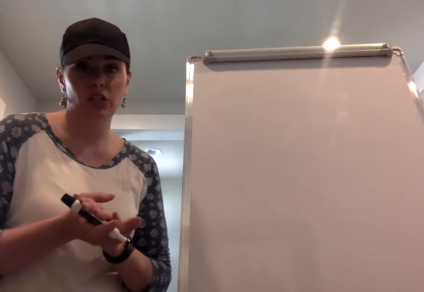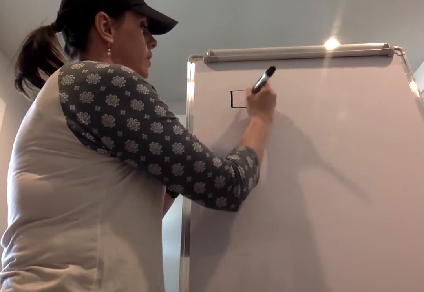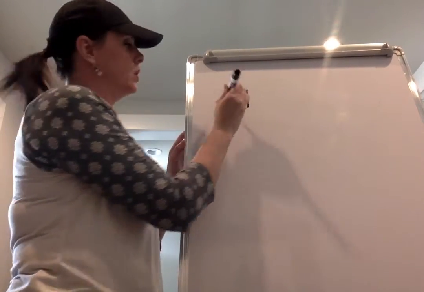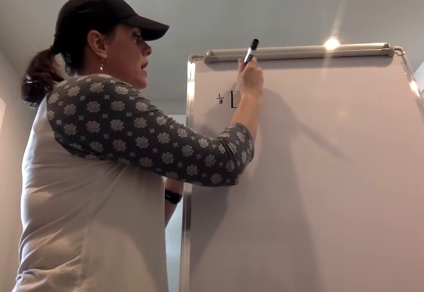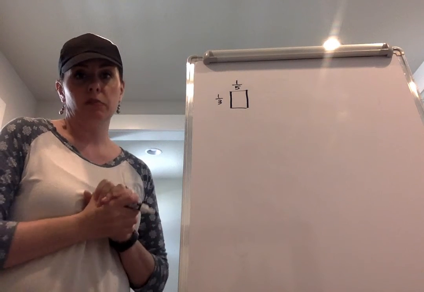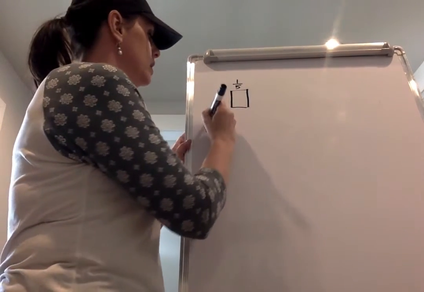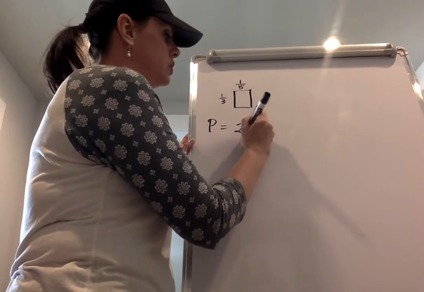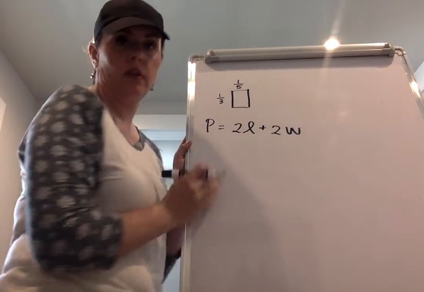Now we're actually getting to perimeter. In our little tiny green rectangle above in that example, the measurement on this side is 1/3, and the measurement on this side is 1/5. And they want us to find the perimeter. Well, if we remember back, perimeter equals 2 times the length plus 2 times the width, right?